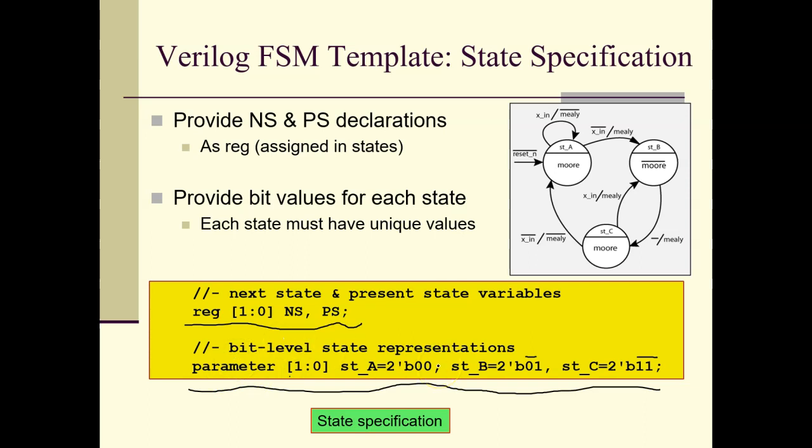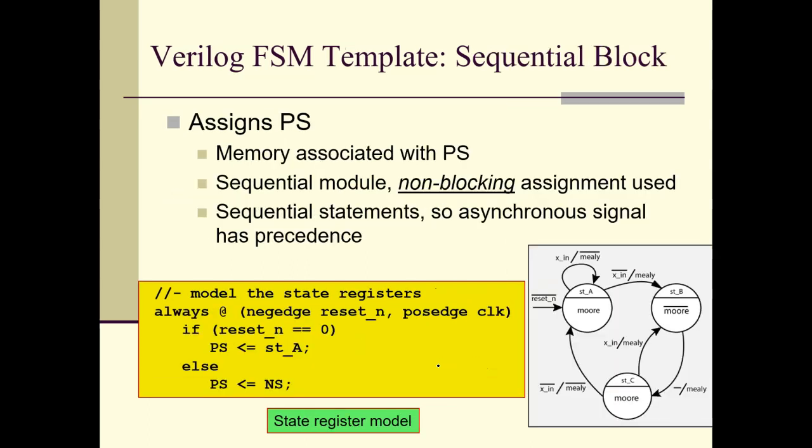I'm going to actually give them better names than state A and state B in my code. I'm going to make them self-commenting, but this is just a brief example. This is the state register model. Okay, so I know it's a state register model simply because it has a negedge or a posedge in the sensitivity list of the always block.